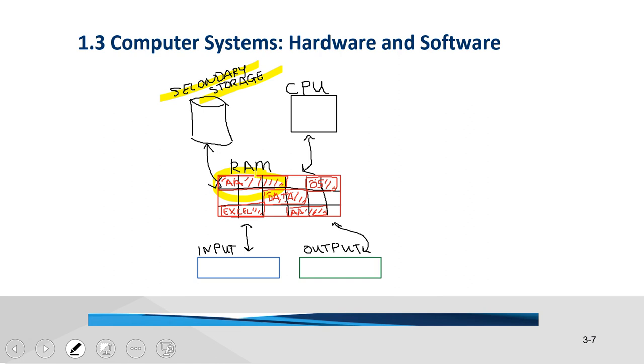Also on RAM are some portions of the operating system, like Windows or Mac OS, and any data that we haven't yet saved to our secondary storage device. This user also has Excel open, so there are portions of Excel that have been loaded from the secondary storage device onto RAM. And here's some more Adobe Acrobat, so they don't have to be contiguous segments in memory.